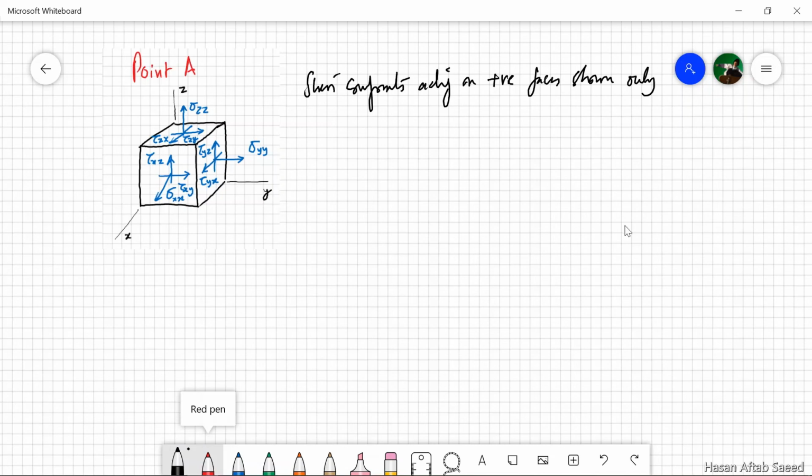It must be kept in mind that despite the cube, it is just a point that we are talking about. The reason for showing a cube with finite dimensions is to avoid the clutter resulting from showing all the components on one point. Stress is always at a point. Anything bigger than a point and it becomes average stress.